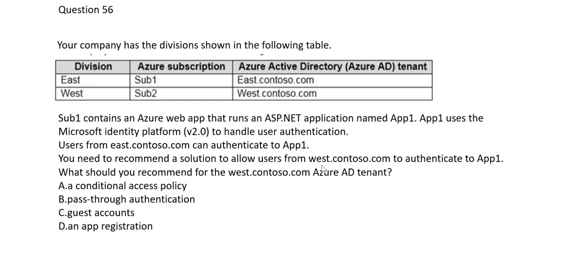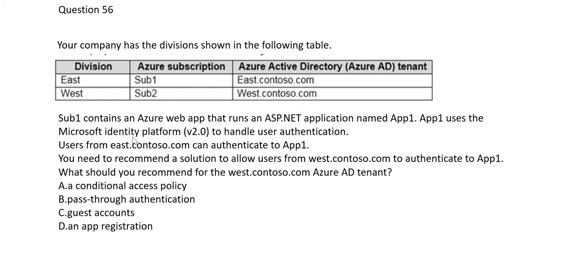We need to understand the story here first. There is an organization with two divisions, East and West. Suppose in India, East is maybe Assam and West maybe Gujarat. So the company has two divisions, Assam and Gujarat, East and West, and they have these tenants: East has eastcontoso.com, and West has westcontoso.com. Subscription one contains a web app named App1, which uses a Microsoft platform for user authentication.